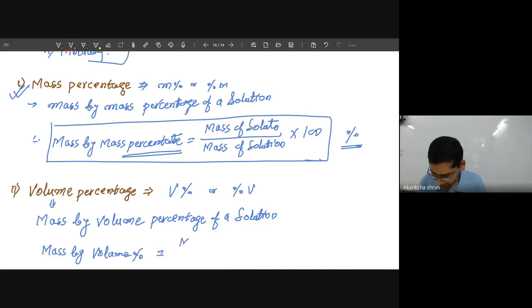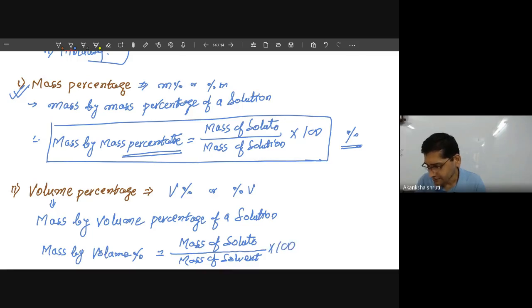It will be the mass of solute in the numerator divided by the mass of solvent in the denominator, and since it is in terms of percentage, this has to be multiplied by 100. Okay, student? This is what we have to keep in mind.